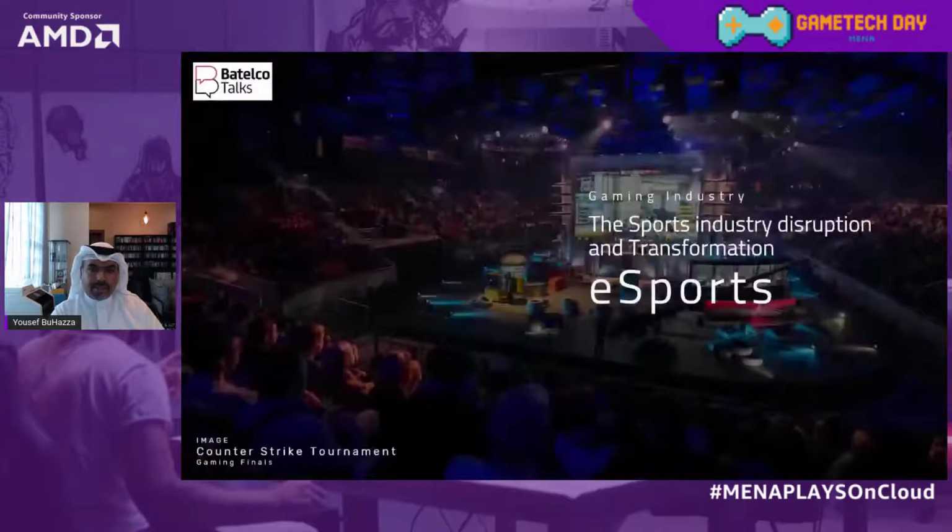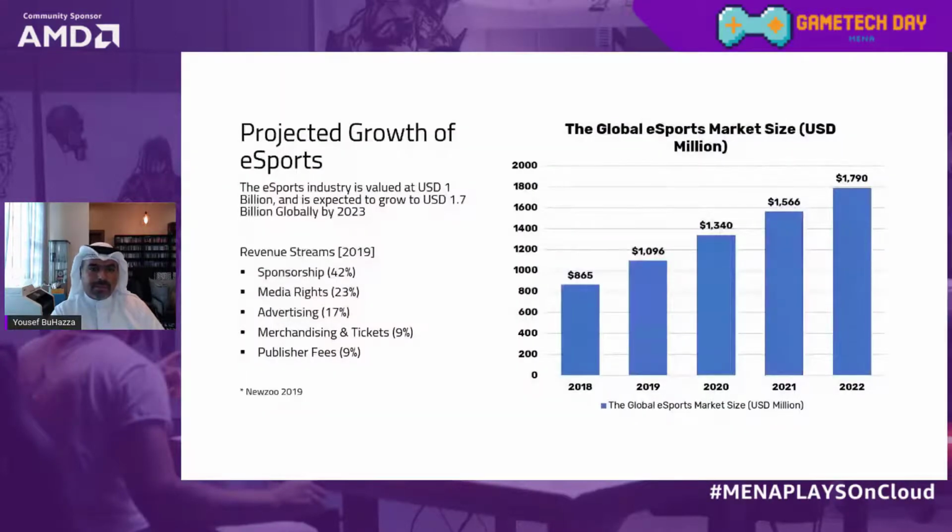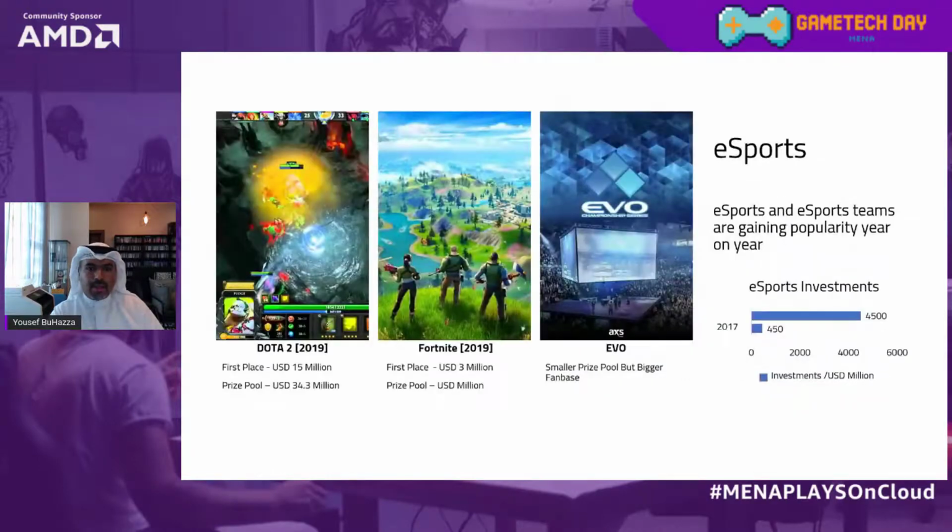I'm going to go quick on this point, but esports has been hugely disruptive to the sports industry, and it is gaining more viewership as consumer behavior changes towards digital games. To give you an idea, Dota back in 2019 gave the first place winners a $15 million prize pool, and had a huge amount of viewership.